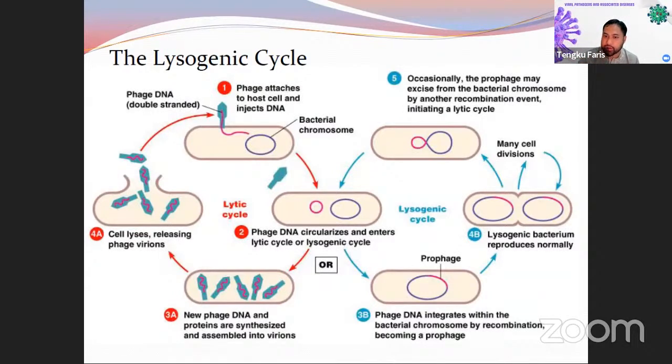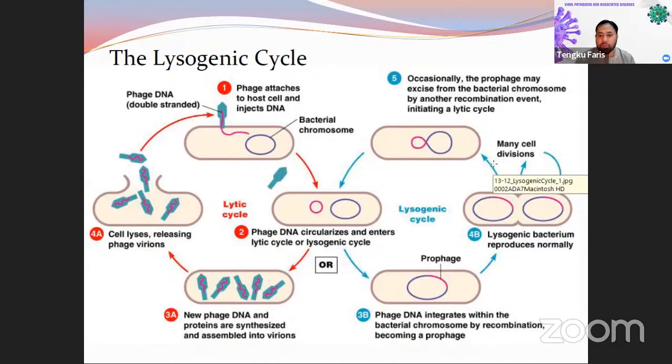All right, so basically for those bacteria that retain the viral DNA, they will follow the lytic cycle, they will die immediately. But those who have the combination of viral plus the bacterial DNA, they will still survive. The other bacteria that have only the bacterial DNA will also survive.